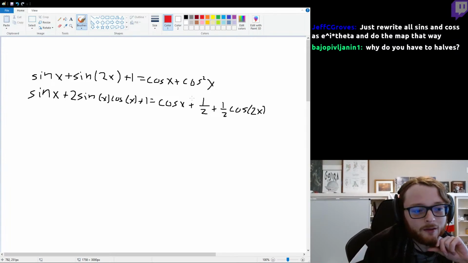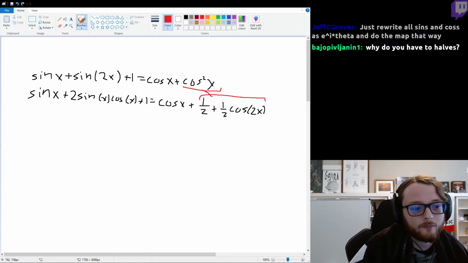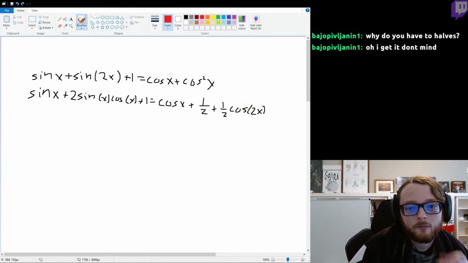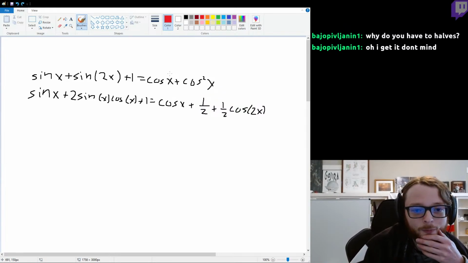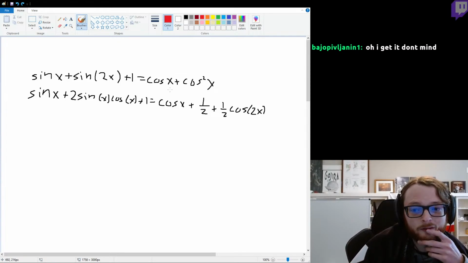I don't know. So I use an identity here with the cosine squared. The cosine squared is just equal to this. Okay. But like I'm saying, this might not really help us because now we have a cosine 2x that I don't quite know how to deal with. So we could leave it as cosine squared.